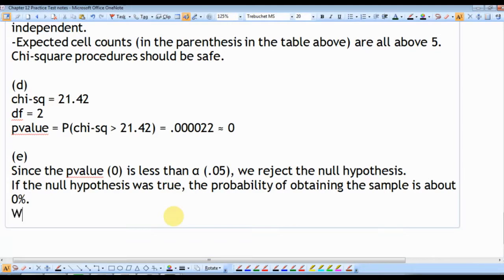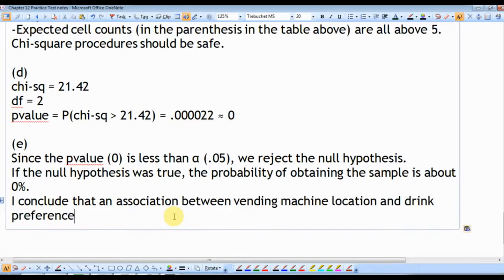Finally, conclude that an association between vending machine location and drink preference exists. Hopefully you're getting the message now, seeing the same conclusion written out dozens of times. Hopefully.